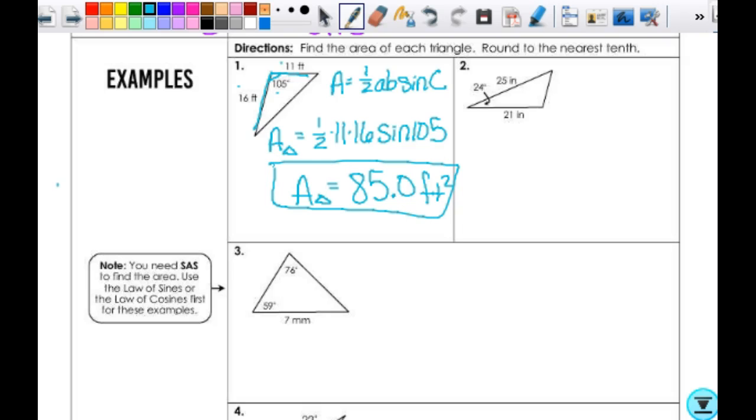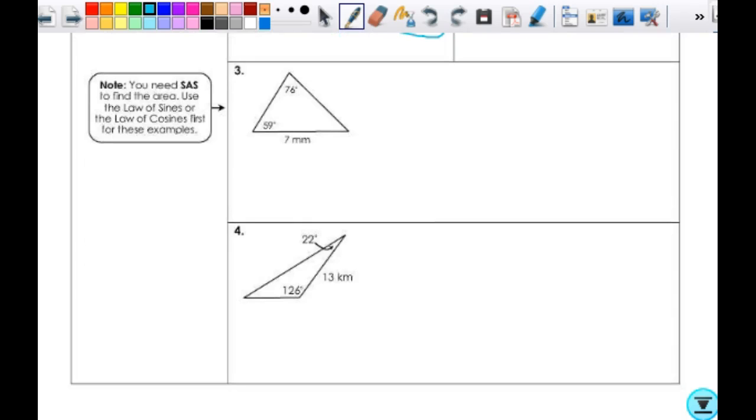All right, so let's look at number 3. So on number 3, I do not have a side angle side situation. I have angle angle side, so I need side angle side, which means I'm going to need to either use the law of sines or cosines to find another side. It does not matter which other side I find. If I have this side right here already and this angle, those relate to each other, right?